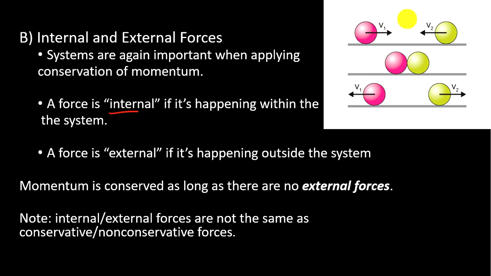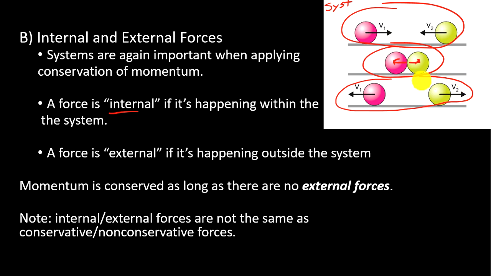Let's say that our system is now this. It is the two objects together. Well, yeah, they collide, but these forces here, there's a force acting on the green ball, there's a force acting on the pink ball. These are now internal forces.